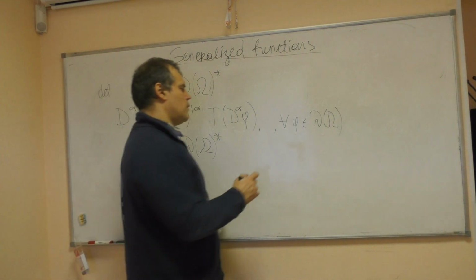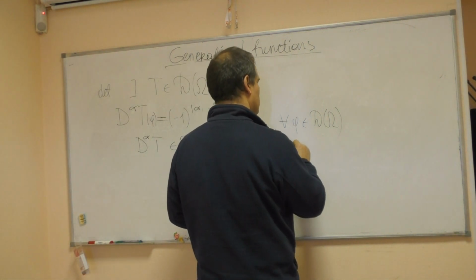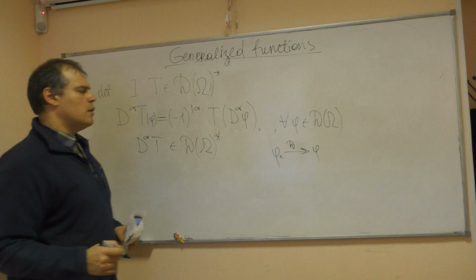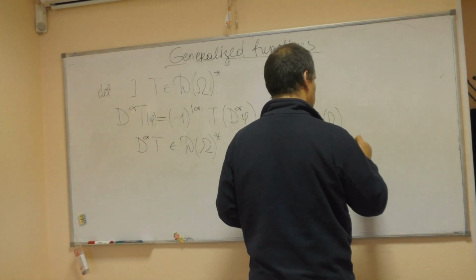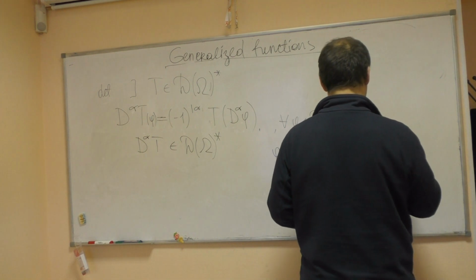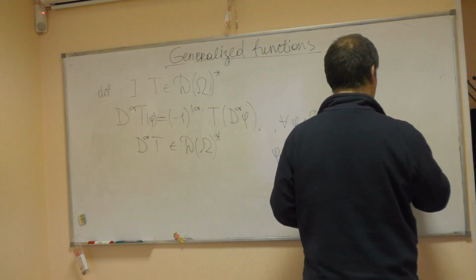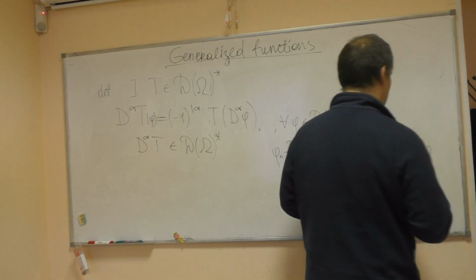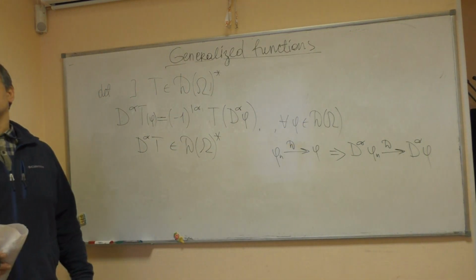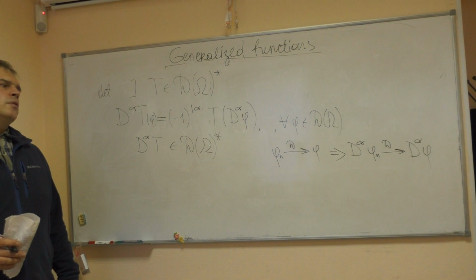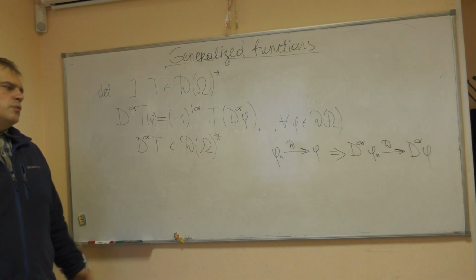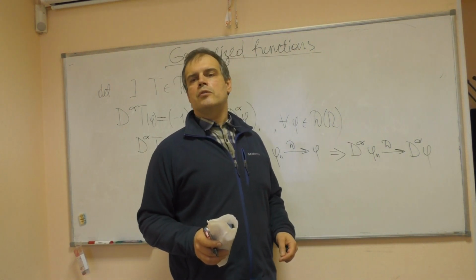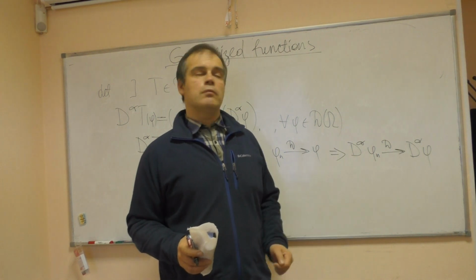And if phi n D-converges to phi, then each derivative of phi n also D-converges to the corresponding derivative of phi, just according to the definition of this D convergence, and if we have in mind that the support of a derivative is included in the support of the function.